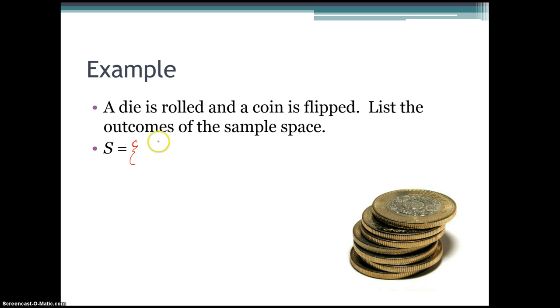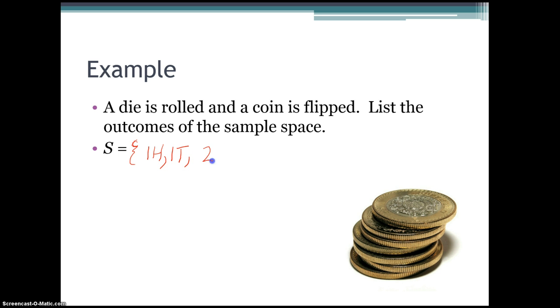Okay, so we're going to roll a die, so I could get a 1. Now, in addition to getting that 1, I have to flip that coin, so I could get heads. I could get a 1 and tails.